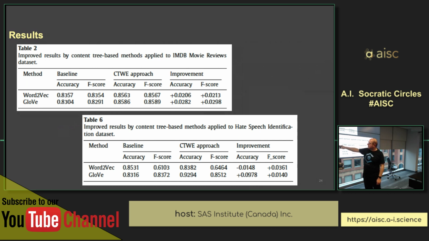And for the other data set, hate speech identification, for word2vec, you can see the result is negative. It could not improve the result, but with GloVe, it was very slight. Something around 1% improvement was achieved.